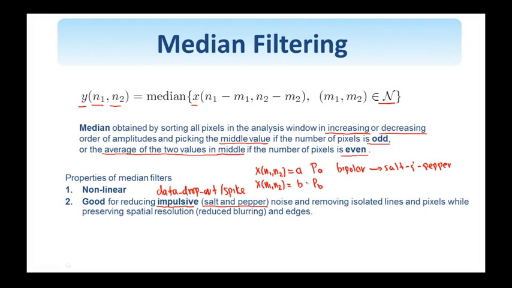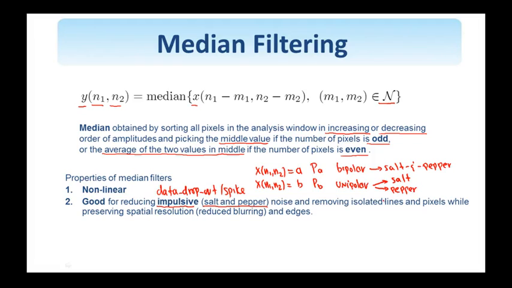If one of the P(A), P(B) is equal to 0, then it's a unipolar noise, and then it can be referred to as salt or pepper, just salt or just pepper noise.